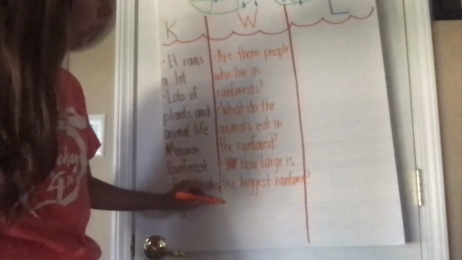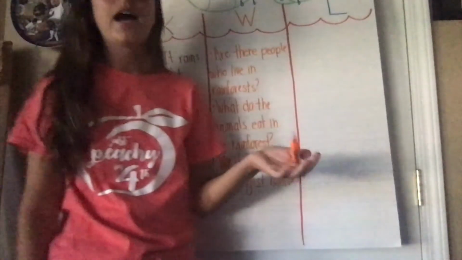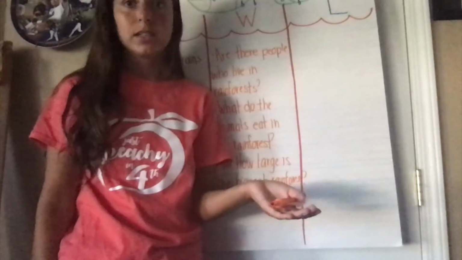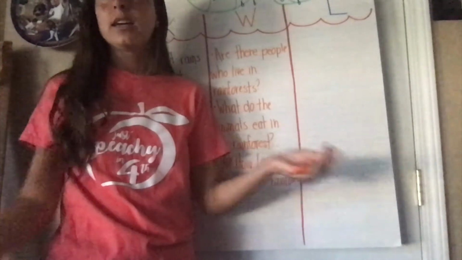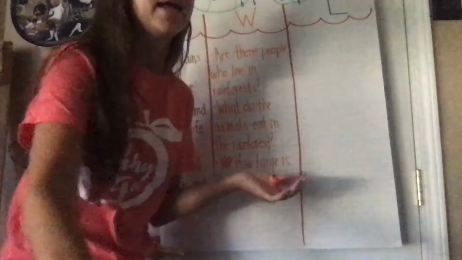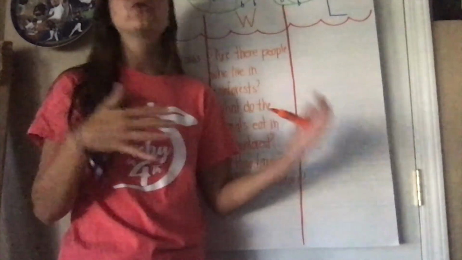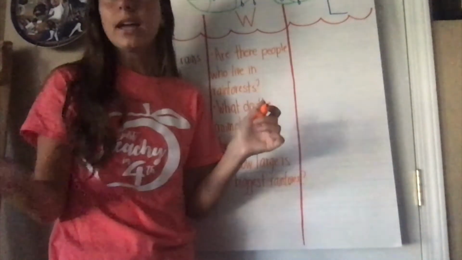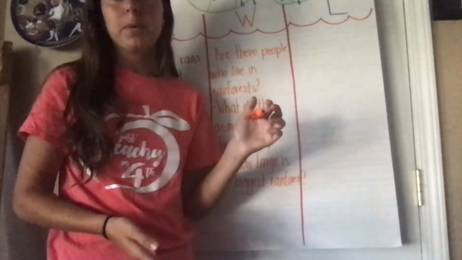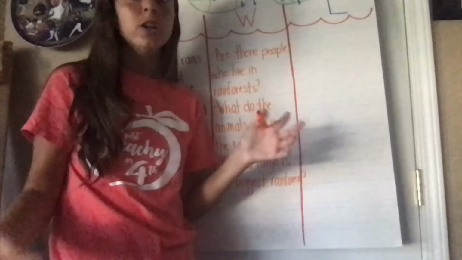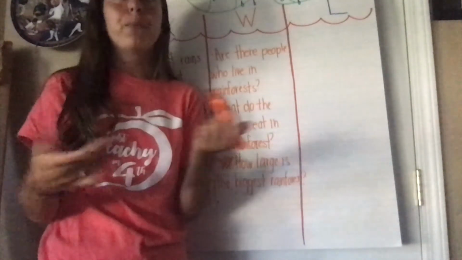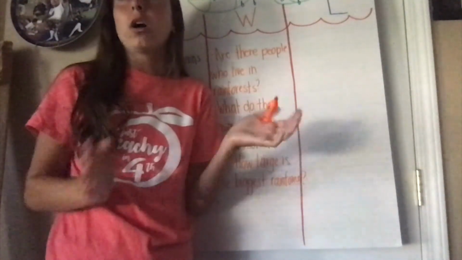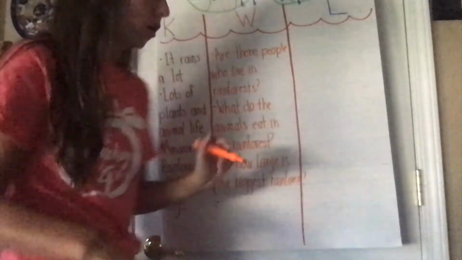And my last question that I personally want answered is, how do people travel through the rainforest? Are they on foot? Can they ride bikes or trailers, tractors? How do they get from place to place? Because I know people have been there just to travel and see, but what are they supposed to do? Do they walk around not knowing where the animals are?